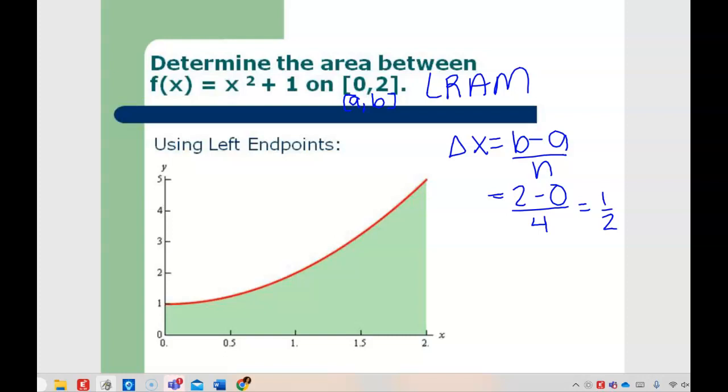If I'm using the left endpoints, I'm going to need the height of each rectangle every 1/2 of my function. So starting at 0, we're going to go in increments of 1/2 in my table, because those are going to give me the left endpoints.